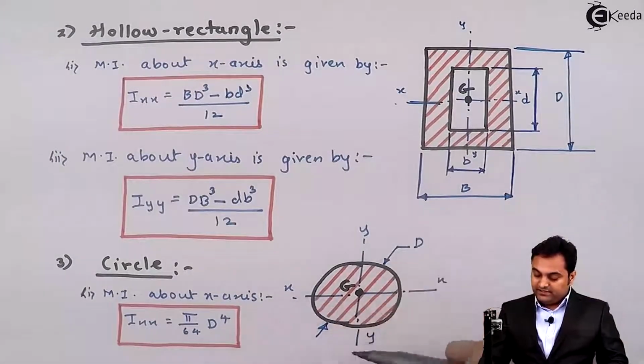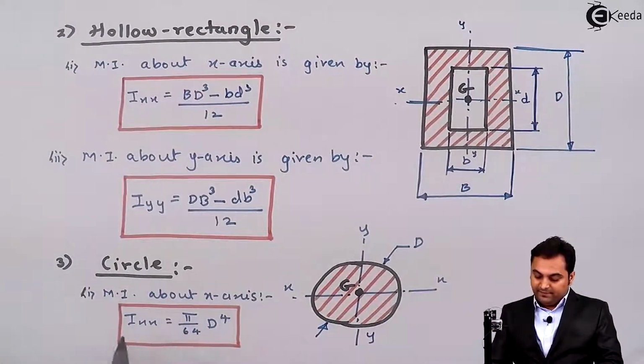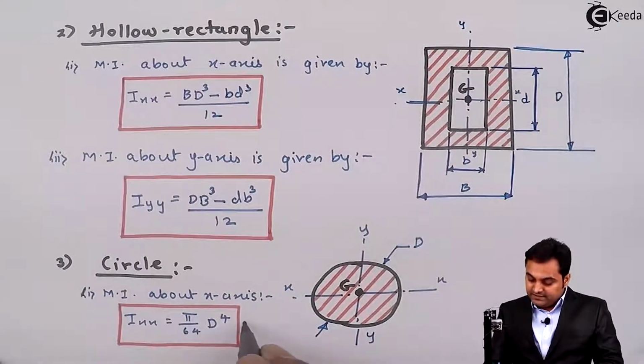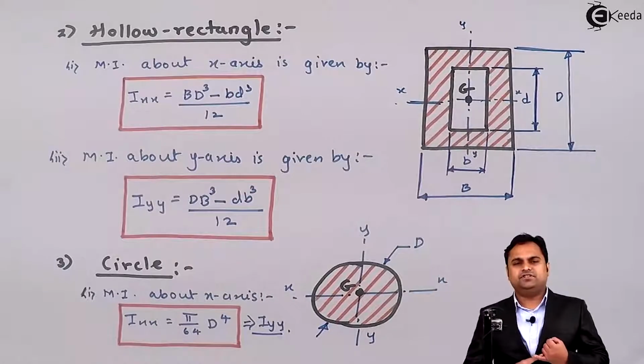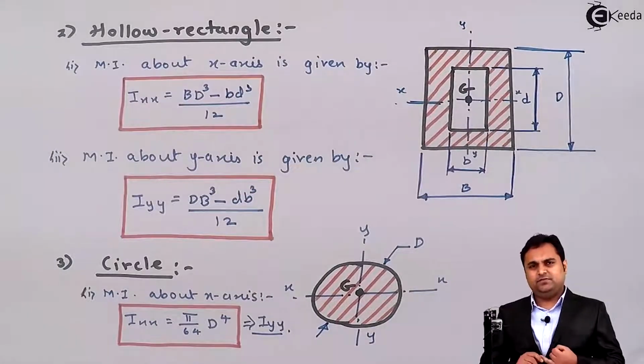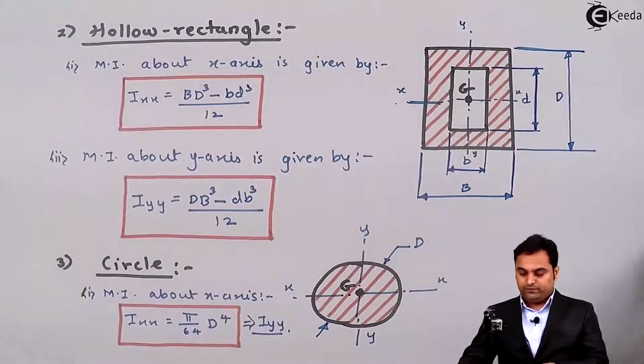At x and y the distances are the same, so even MI will remain the same. So whatever MI I have written about x axis, the same will be the value about yy. For a circle, moment of inertia about xx is the same as moment of inertia about yy, that is pi by 64 capital D raised to 4.